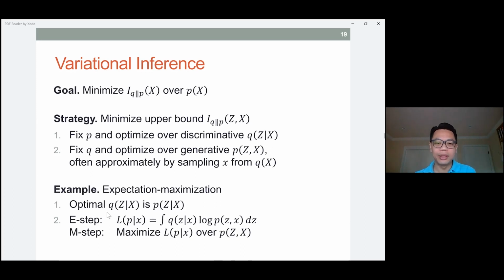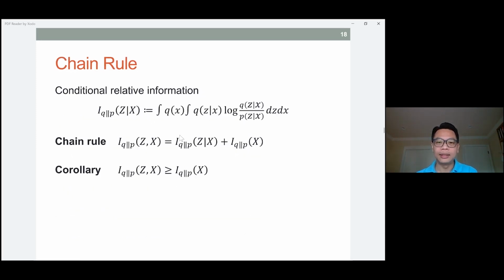And one classic example is called expectation-maximization, where in the first step, I fix P and optimize over Q. So you can see that if I do that, it becomes the optimization of this conditional relative information.